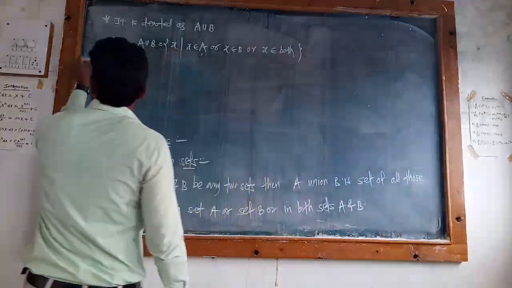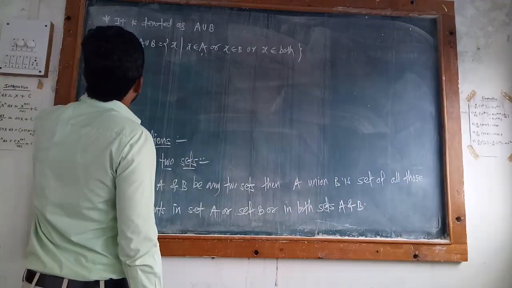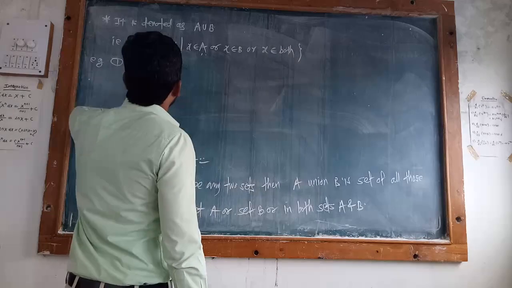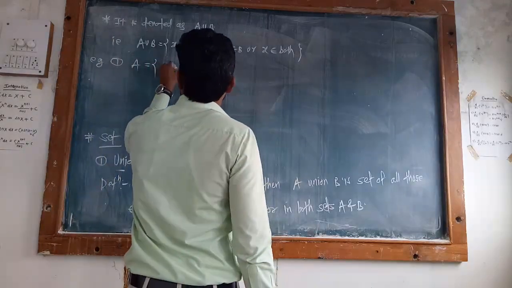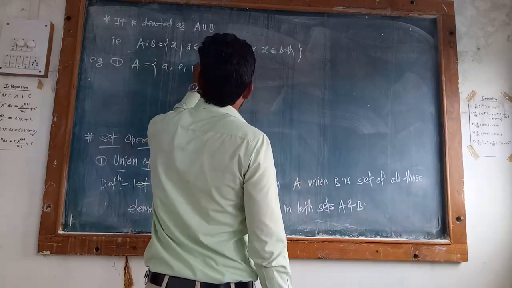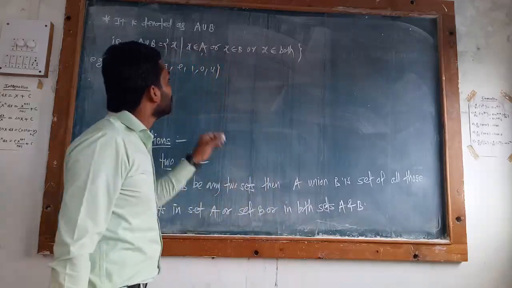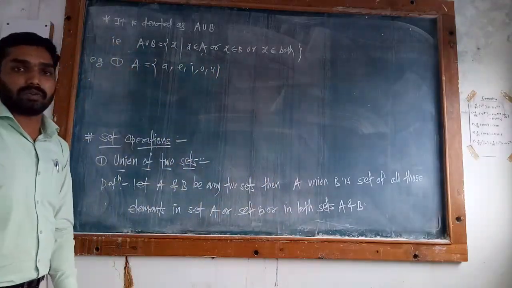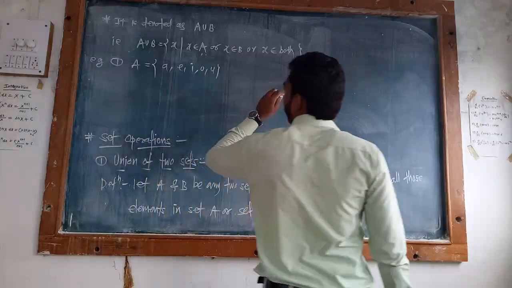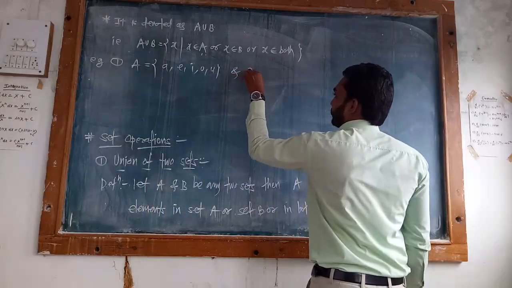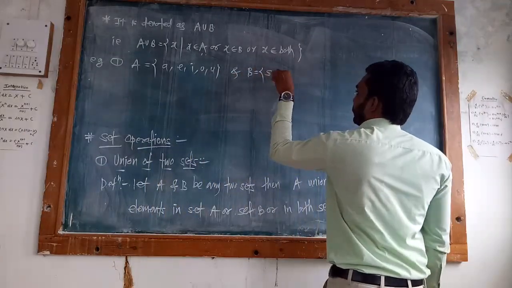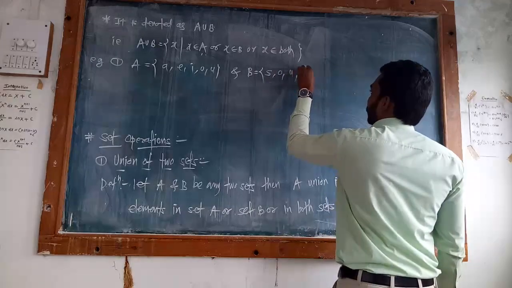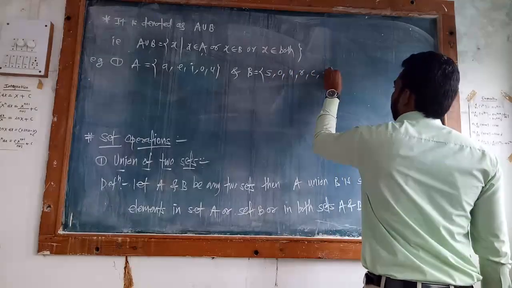Okay, so let us consider an example. Suppose set A is a, e, i, o, u, the collection of vowels, and set B is s, o, u, r, c, e.